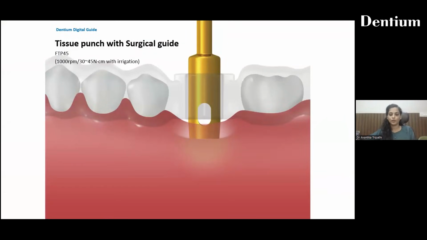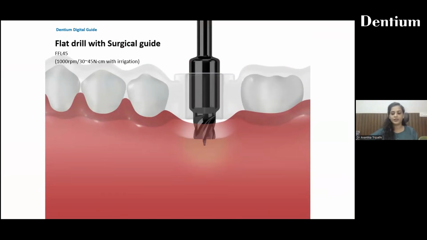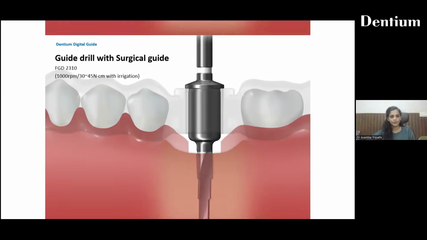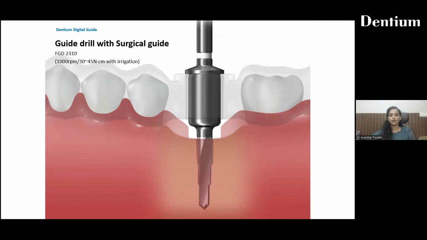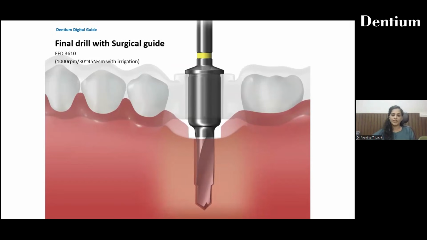So first we are going to cut the tissue with the help of a tissue punch. Then we are going to flatten the bone with the help of a flat drill. Then we are going to insert the guide drill of 6 mm length just to mark the osteotomy. Then we are going to insert the drill of 10 mm length. If I'm going to place an implant of 10 mm, I'm going to use the sequence of 10 mm only.